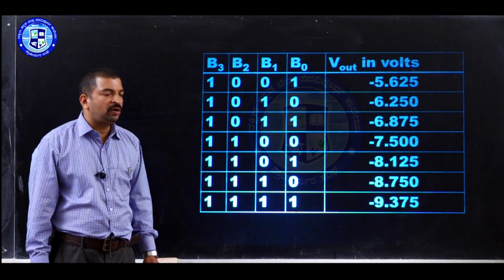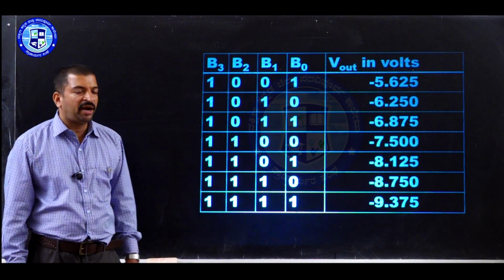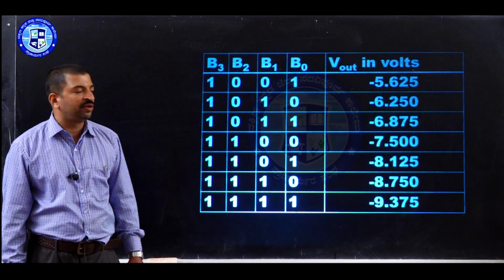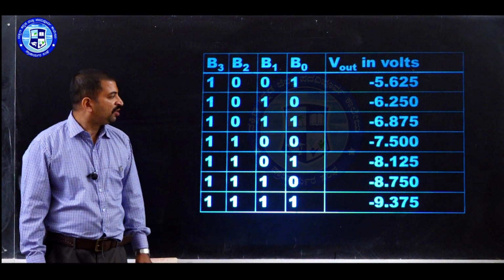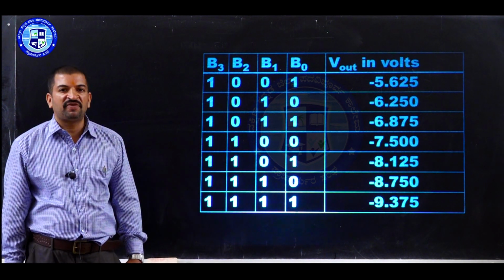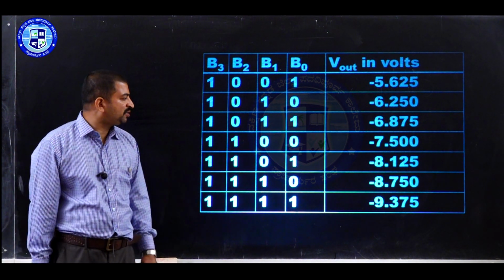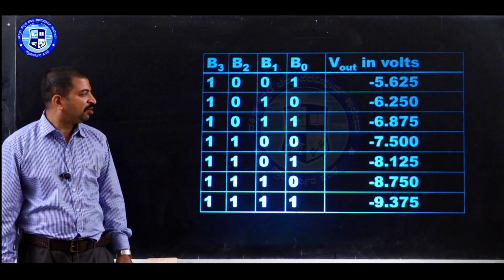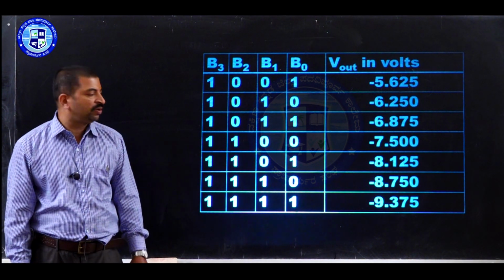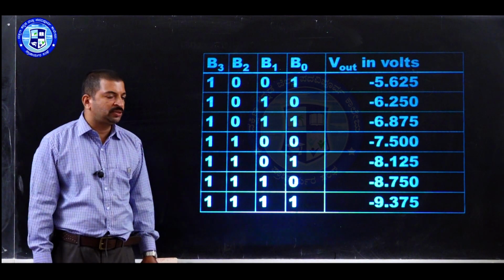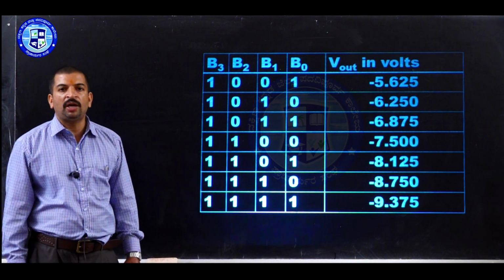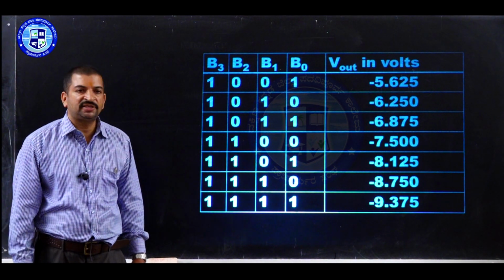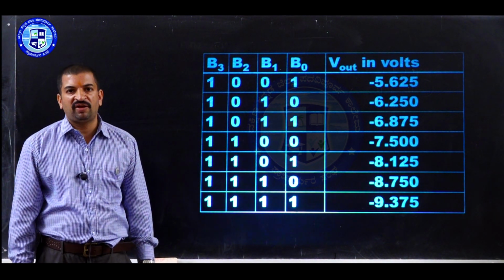For 1 0 1 1, the output voltage is minus 6.875 volts. For 1 1 0 0, the output voltage is minus 7.5 volts. For 1 1 0 1, the output voltage is minus 8.125 volts. For 1 1 1 0, minus 8.75 volts. For 1 1 1 1, the output voltage is minus 9.375 volts.